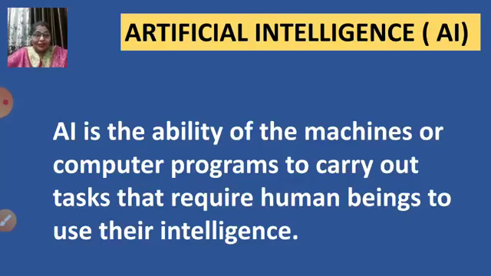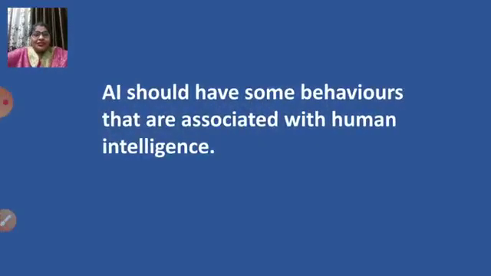I have already told you that a computer or machine mimicking human behavior is artificial intelligence, children. AI should have some behaviors that are associated with human intelligence. And which are those behaviors?